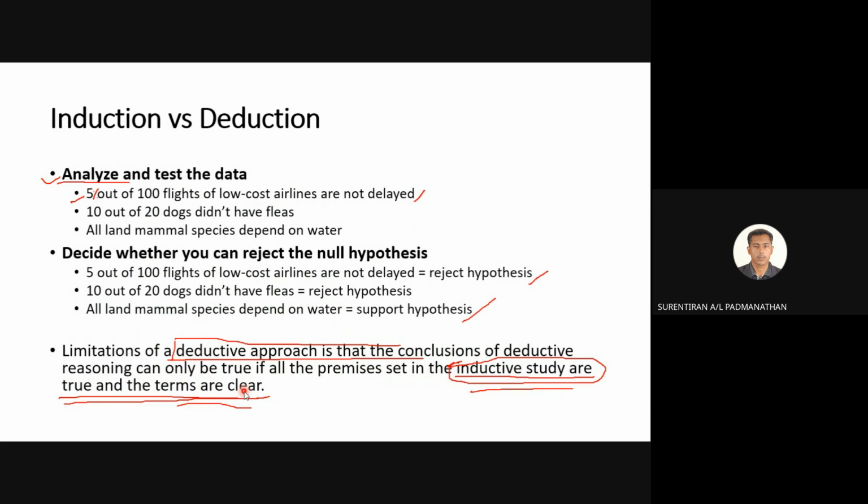So it's very rare for people to come out with a new theory. They just try to modify the existing theories to prove their hypothesis. Then we can do the deductive research on that.